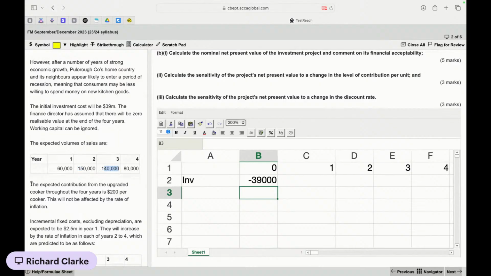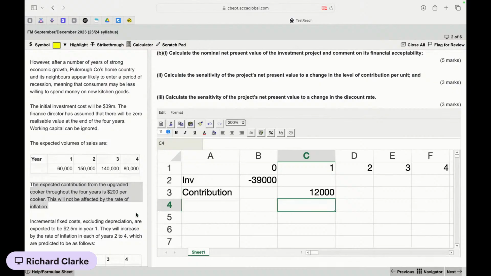That's units, and the expected contribution is 200 per unit and no inflation on it. So I can put in contribution. Contribution in year 1 would be 60,000, but I'm doing it in thousands, so 60 times 200 each, 12,000.